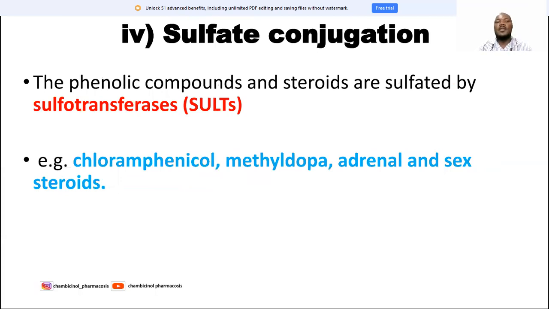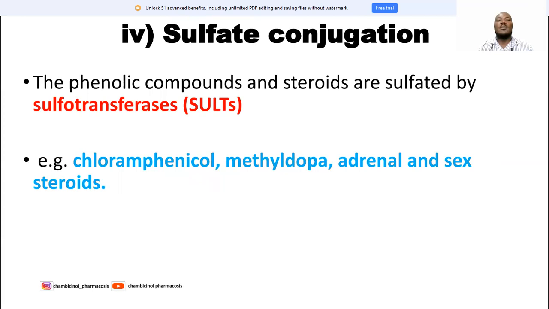Another reaction apart from this is the sulfate conjugation. This involves addition of the sulfate group to form a polar compound, and it is especially for drugs which are phenolic or steroid, including chloramphenicol, methyldopa, adrenal steroids, and sex steroids. These drugs are added with the sulfate group to form the metabolite.